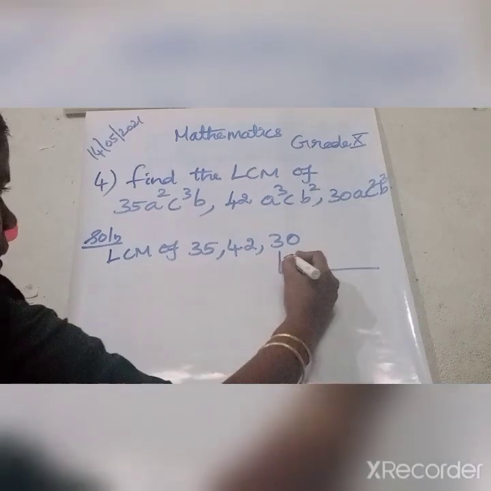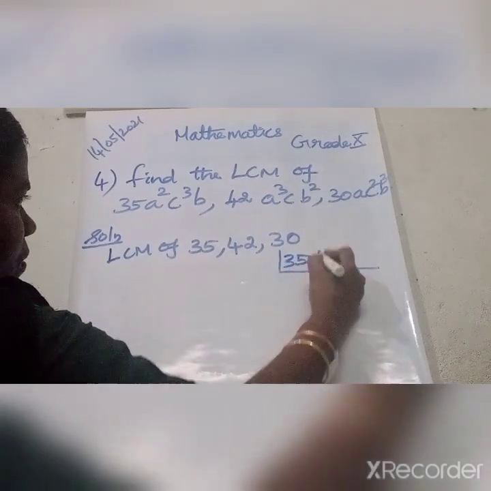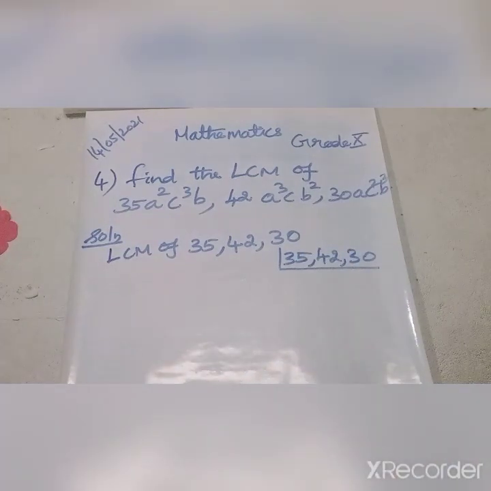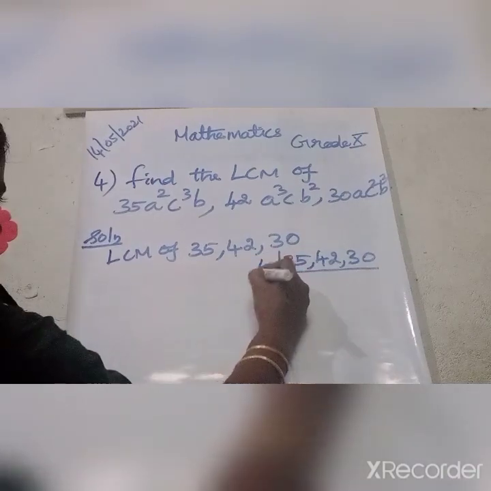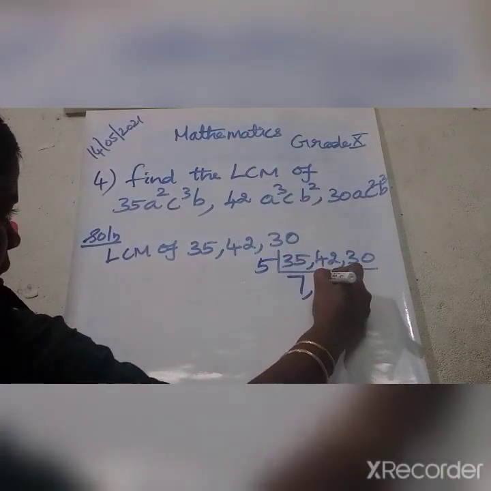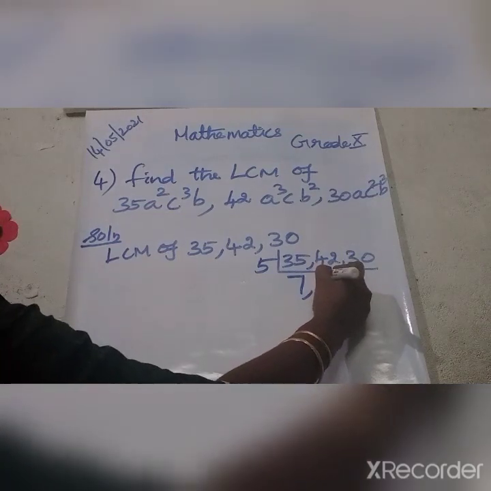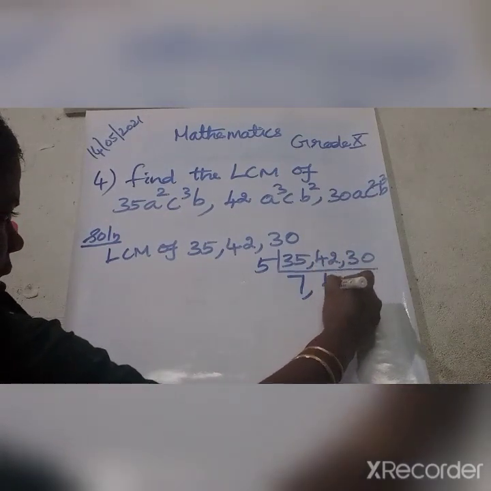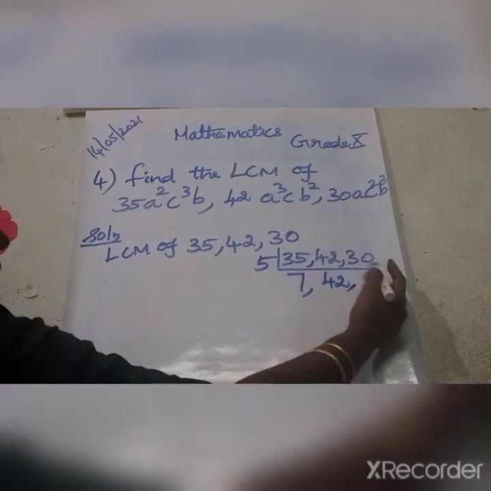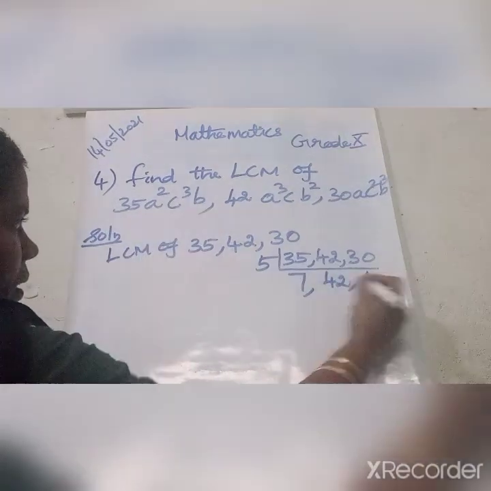So, 35, 42, 30. We select a suitable table. The 5 table: 7 5s are 35. 42 cannot be divided, so write it as it is. Next 30: 6 5s are 30.